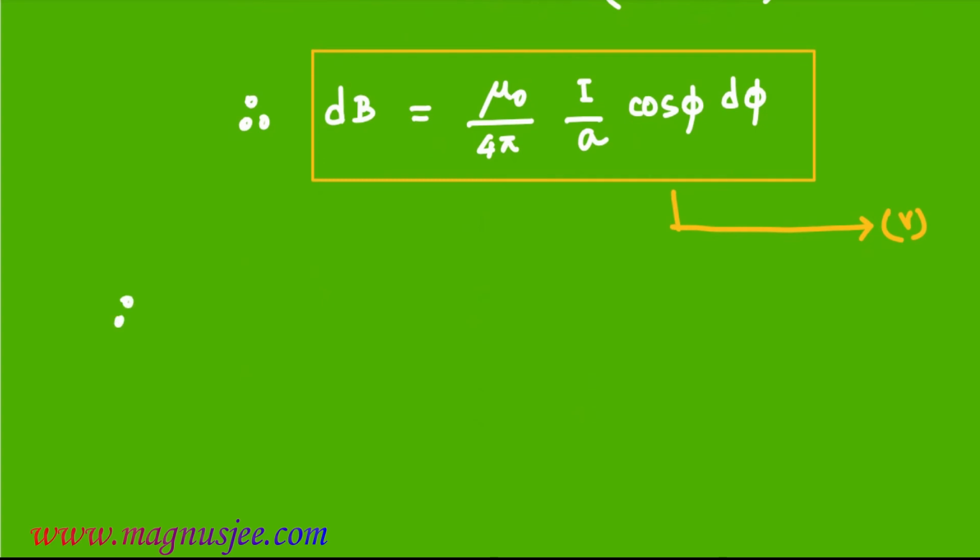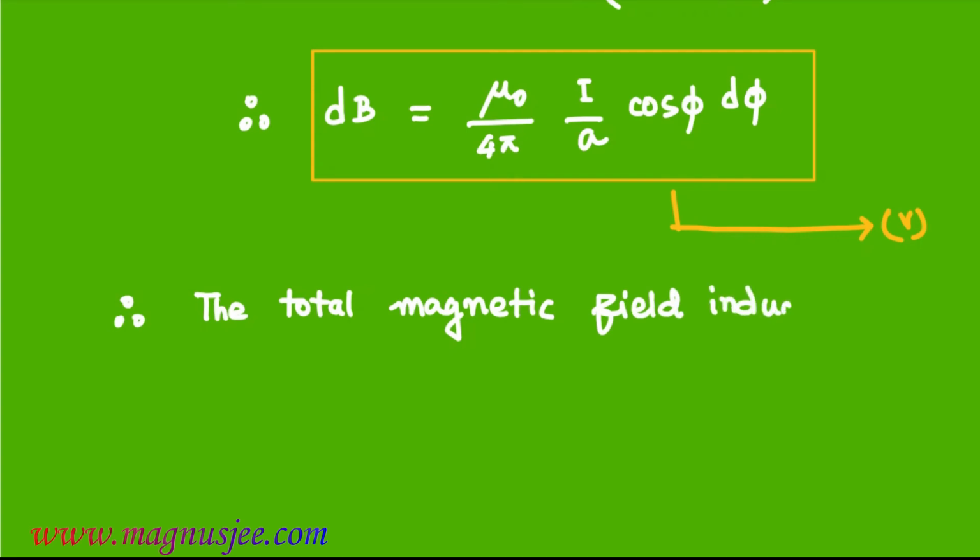So this is the magnetic field induction at the point P due to the current element I dl of the straight conductor XY. Now the total magnetic field induction, that is magnetic flux density.